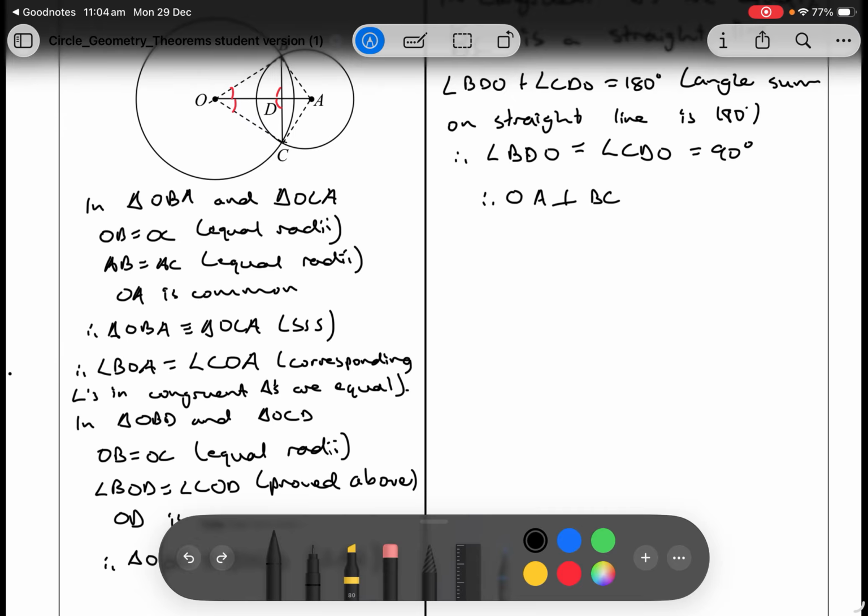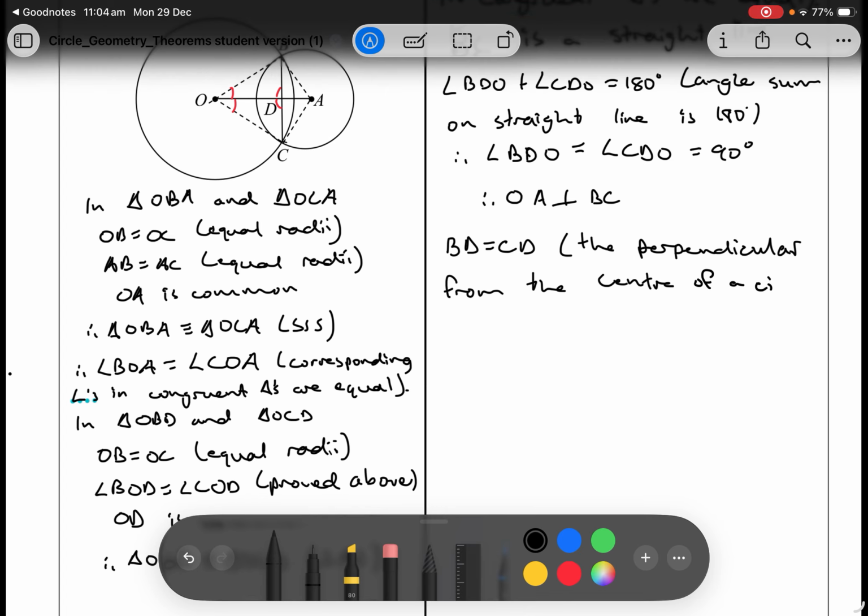One last bit here. We can say, therefore, that BD equals CD. Now, the reason is the perpendicular from the center of a circle to a chord bisects the chord. So we're drawing on a lot of previous circle theorems to make this final proof.